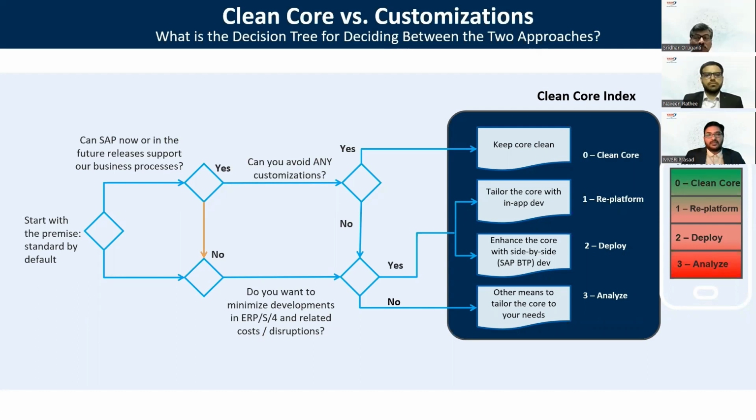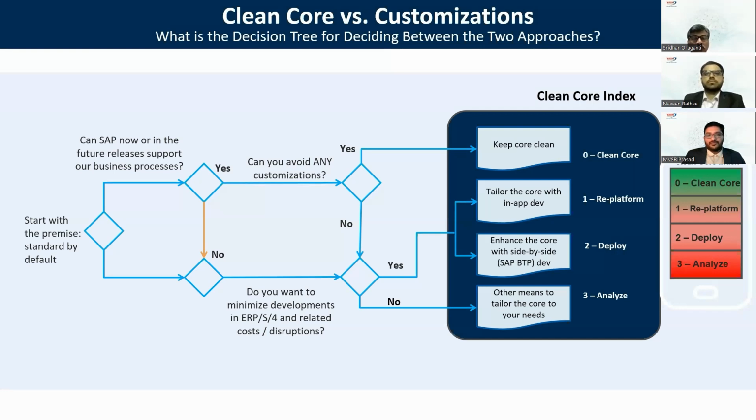So 0 means you might have adopted a zero modification policy, and it's completely clean core, with all customizations decoupled. If you see here, the on-premise systems are standard by default. Then you think about your mindset, future releases of the business processes, and how you're going to adapt your complete system, because you might have applied a lot of custom objects within your system.